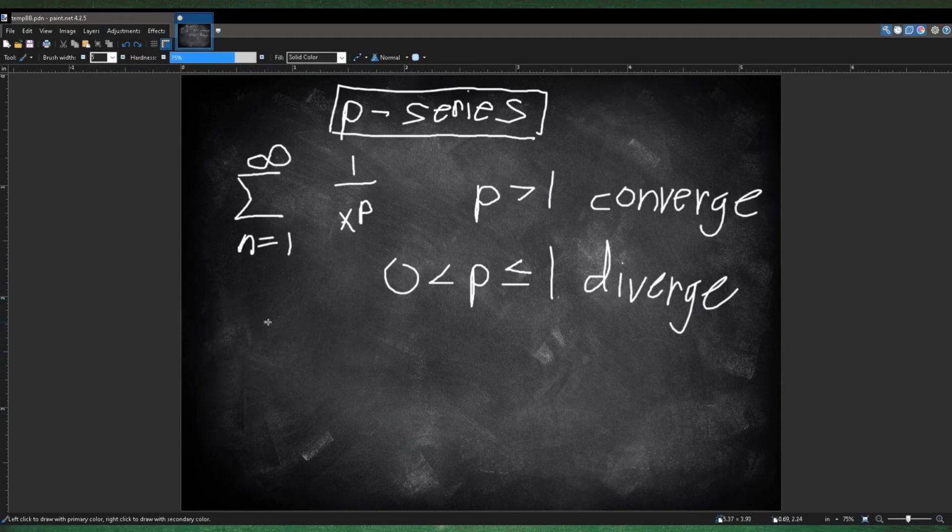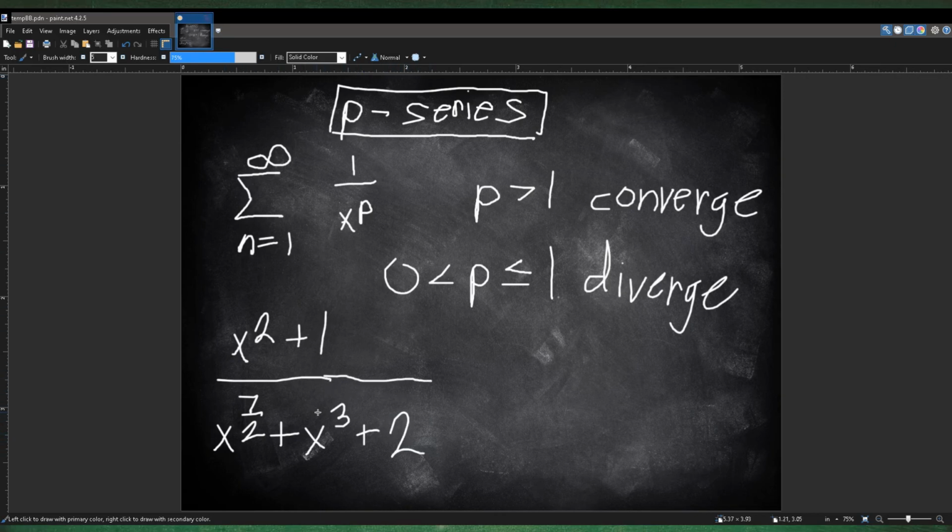So let's try this with another example to see how this works more. Let's say we have x squared plus 1 on the top, and the bottom is x to the 7 over 2 plus x cubed plus 2. What's the highest term on the top? That's x squared.